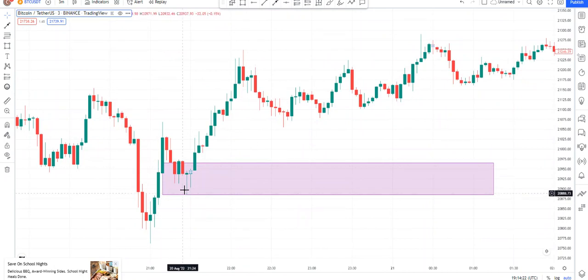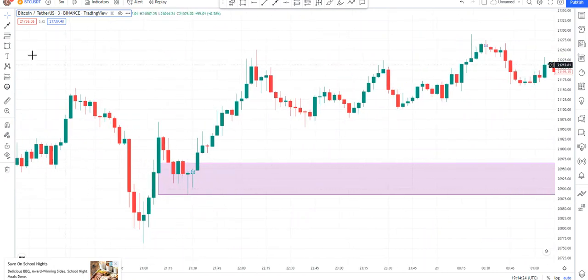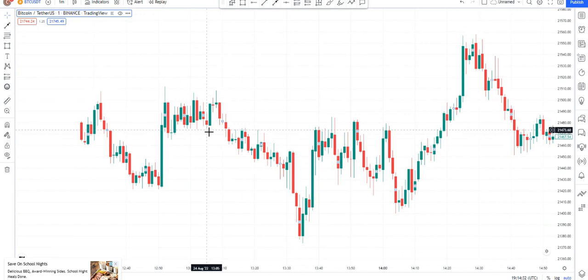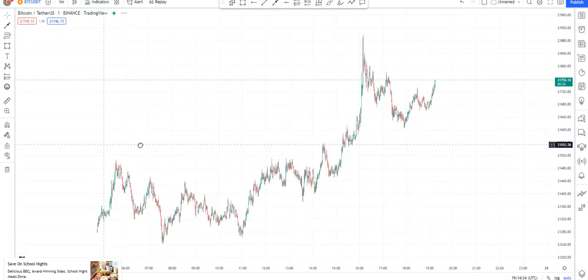and check to see if I can find anything different. I still know what I'm looking for. I'm looking for something with a very small wick. One minute now.